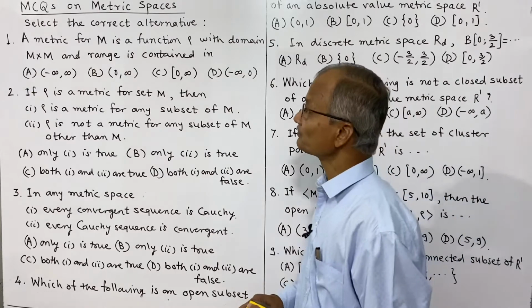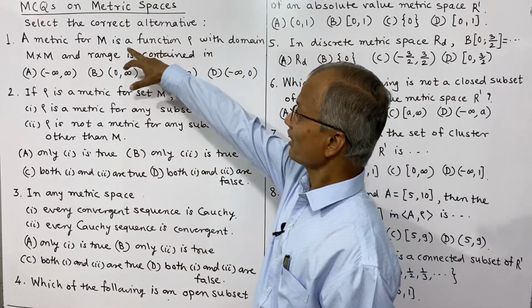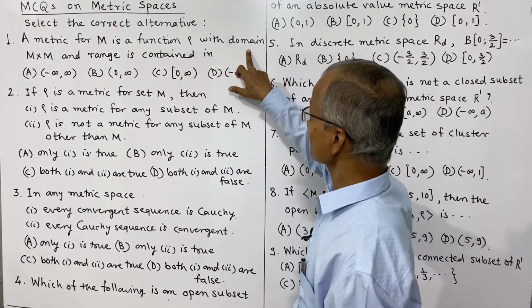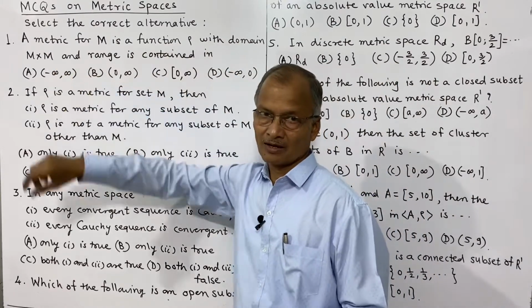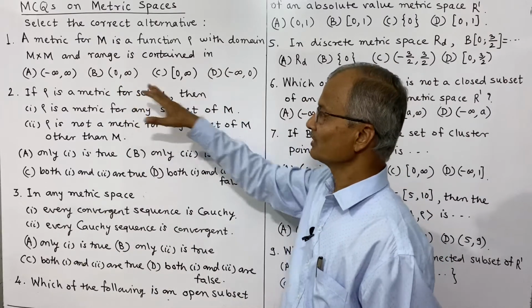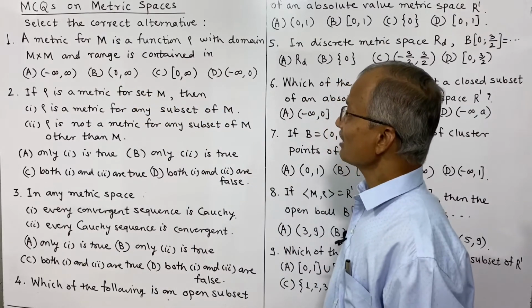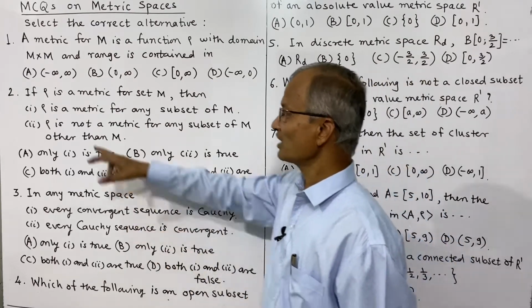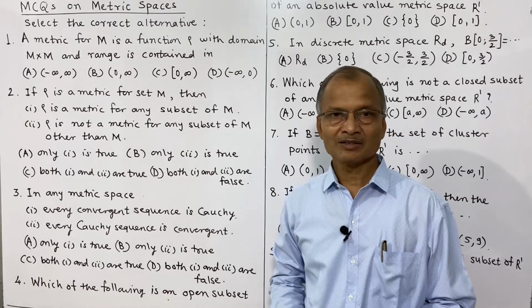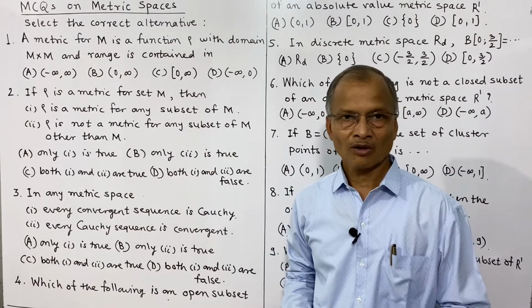The first is: a metric on M is a function rho with domain M cross M, and its range is contained in which of the following: A, B, C, D. So A is the range minus infinity to infinity. We know that a metric is a distance, and distance is necessarily non-negative.